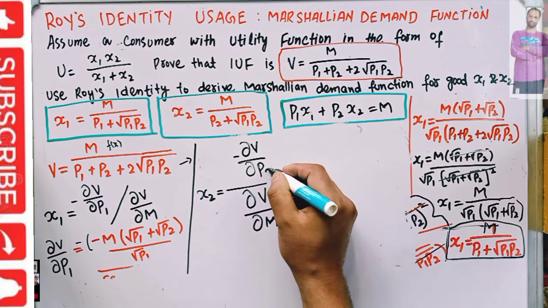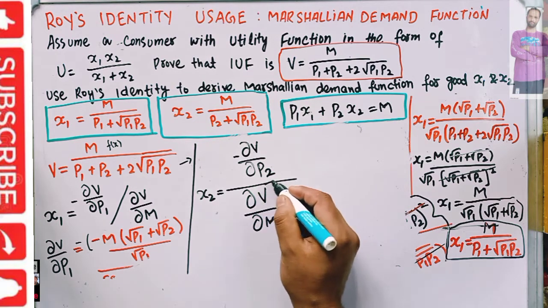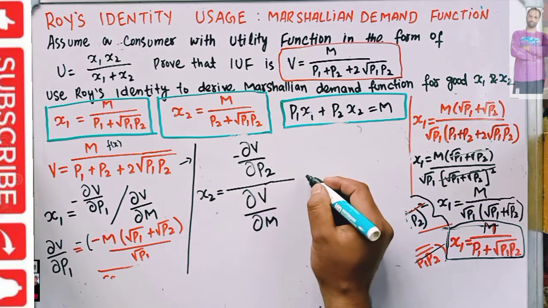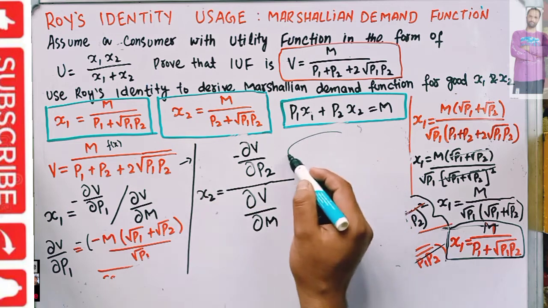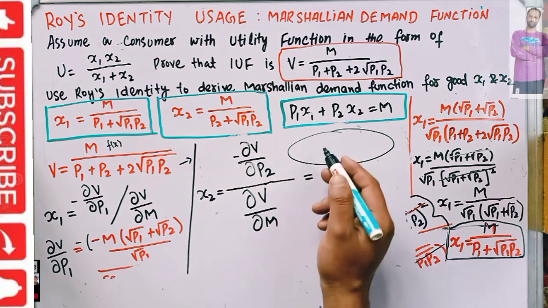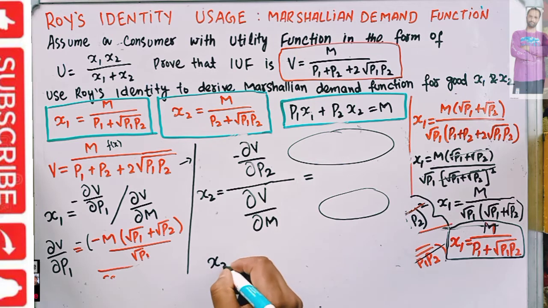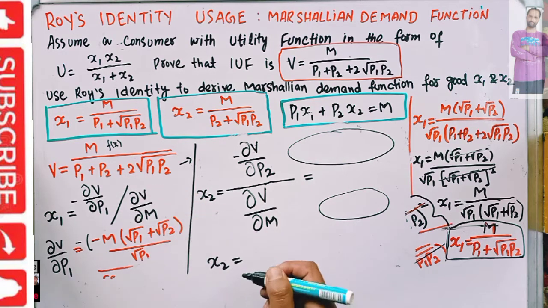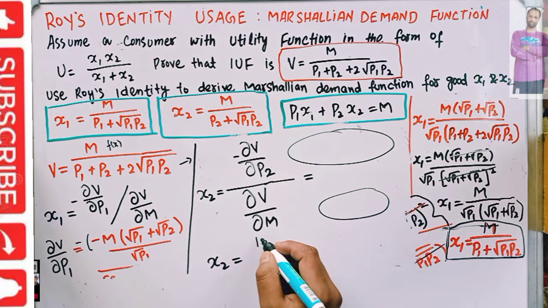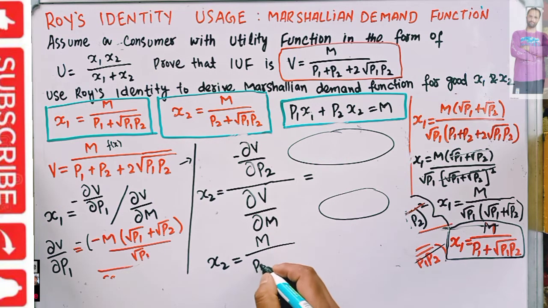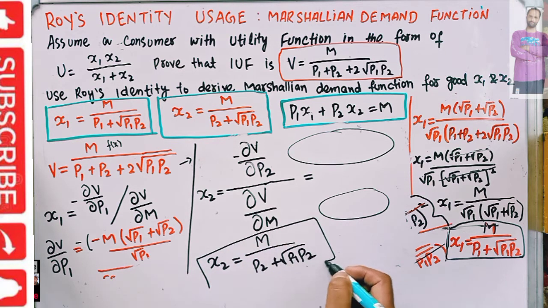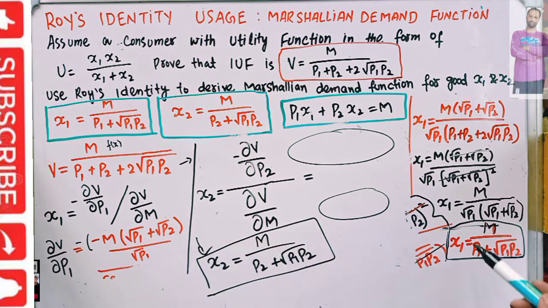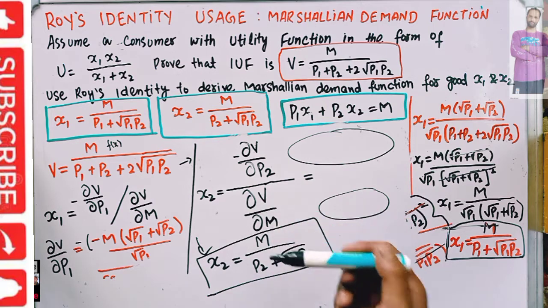It will take a lot of time, but you will get x2 equal to m upon p2 plus under root p1 p2. This is an assignment for you: how do you calculate the demand function for good x2? I have calculated for good x1 using all this, so you can calculate this.